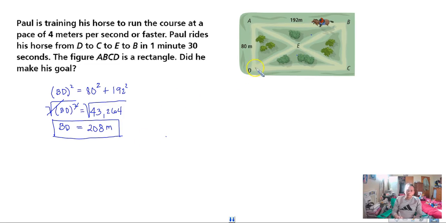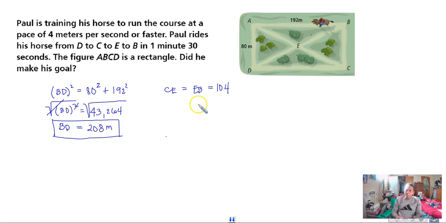So we have CE. CE is equal to EB, is equal to 104. Why is it 104? So 208 divided by 2, that is 104.